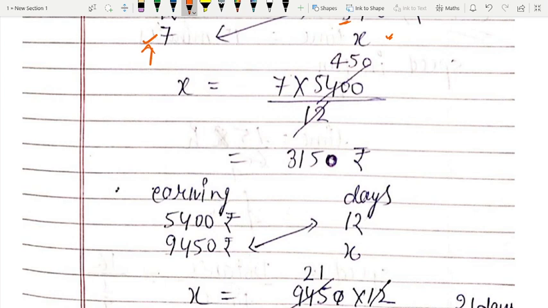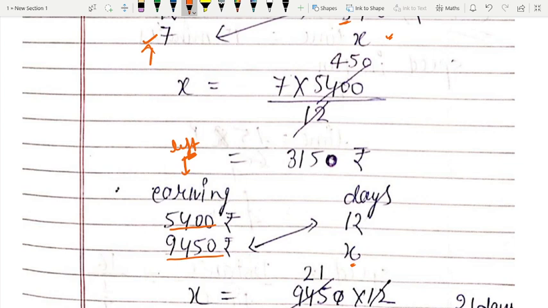Now read the question again. The first part is completed. Now, in how many days will he earn 9,450 rupees? Now just see, here is the first statement, that the laborer earns 5,400 in 12 days. We have written it as it is. And this time earning is given two times, so we will write it down at the left, and days we need to find out, so x we will write as it is.